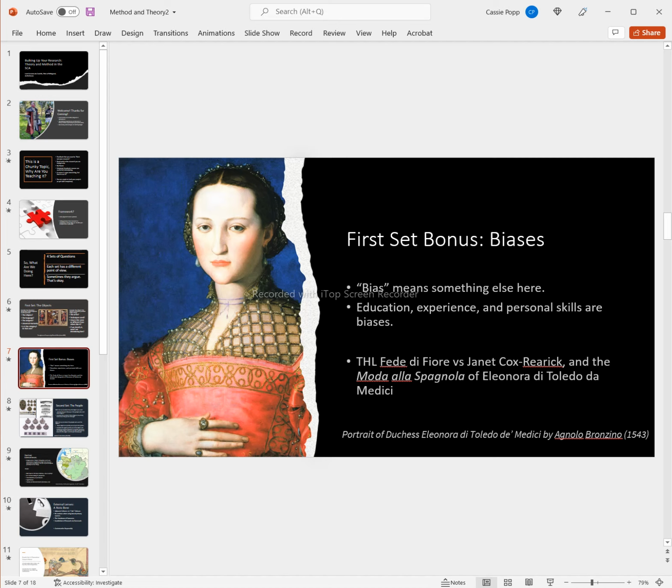And returning to our point about education, experience and personal skills as bias, we can say that's not definitely a bad thing and can be rather helpful, as experience does give you a firm footing to make inferences about whatever projects you are working on. And I think this is particularly important in the SEA because a lot of us come from the perspective of being experimental archaeologists and a lot of the things we recreate.